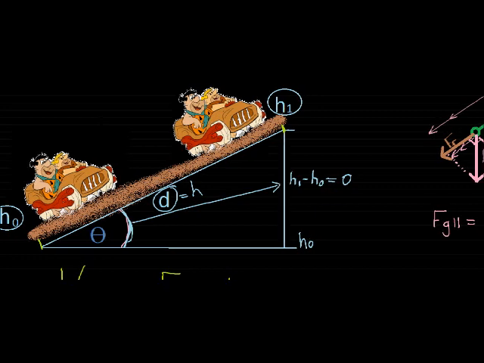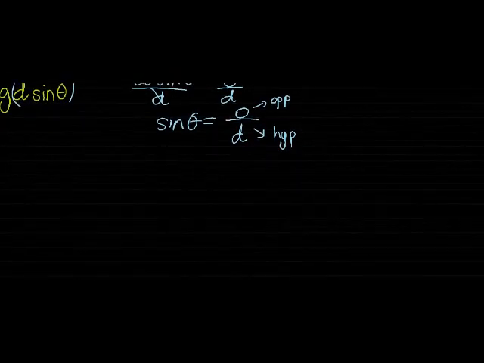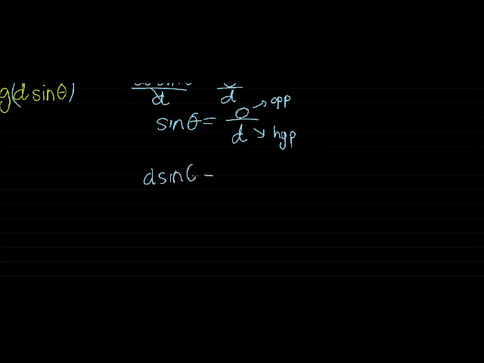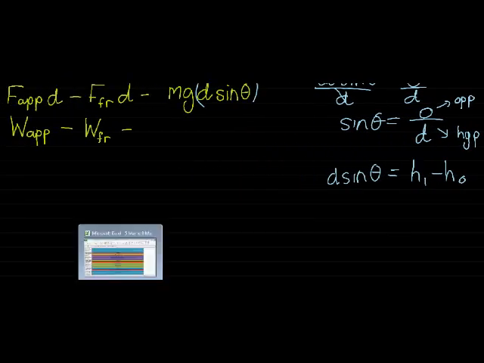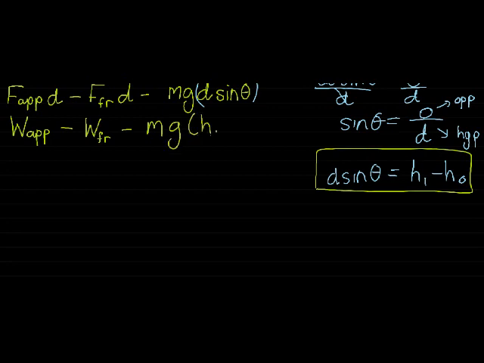O can be replaced by h1 minus h0, because O represents the opposite side of that triangle, and that opposite side represents their change in height. So I'm going to replace d sine theta with the change in their height, h1 minus h0.